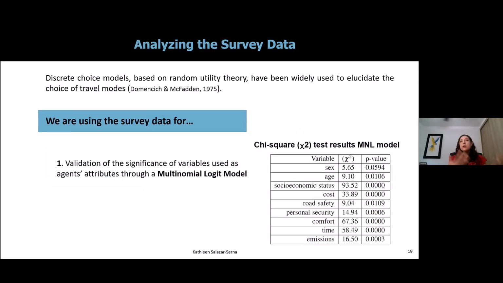Well, how are we using this survey data? We first validate the significance of the variables that, based on the literature review, we know influence the decision making in the case of the mode choice. And after validating this, we included these variables in a multinomial logit model, and that helped us to define those attributes for agents in the model.